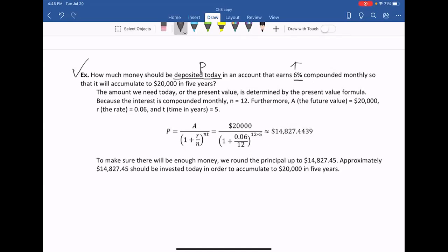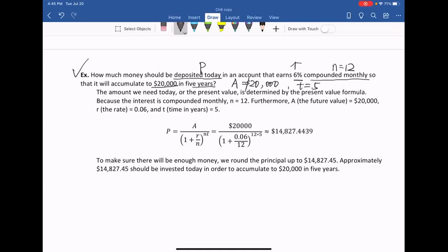They provide you a lot of information. Look, compounded monthly, that means n equals 12. That will accumulate to this amount of money in 5 years. That means the future value A equals $20,000. t equals 5 years. That's 5.